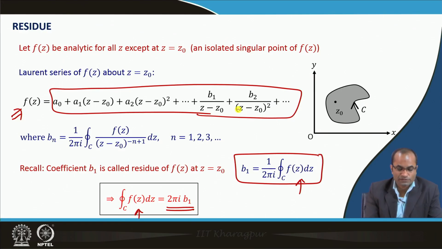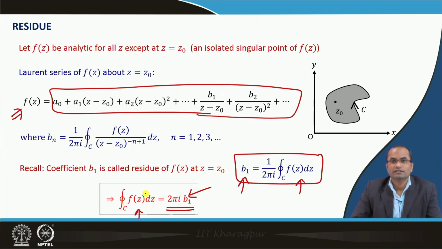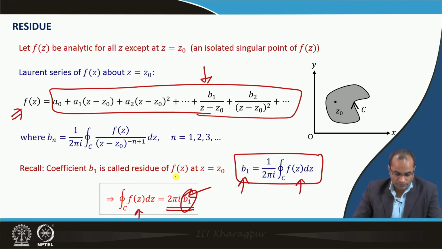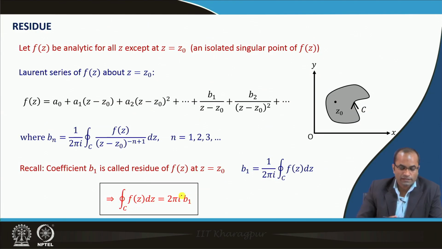Once we have the expansion, we can get b 1, and once we have b 1, we can get this integral. So it goes the other way around. To evaluate this integral, we use the Laurent series expansion, then we get b 1, and we have the integral ready. But there are other ways also to evaluate the residue b 1.